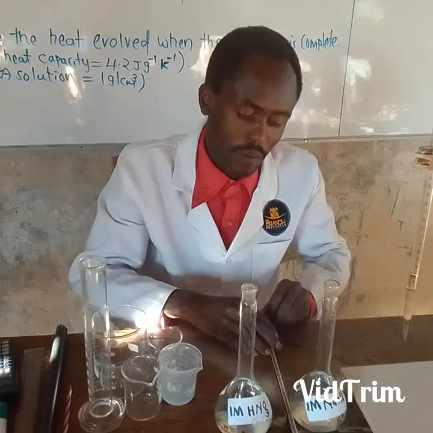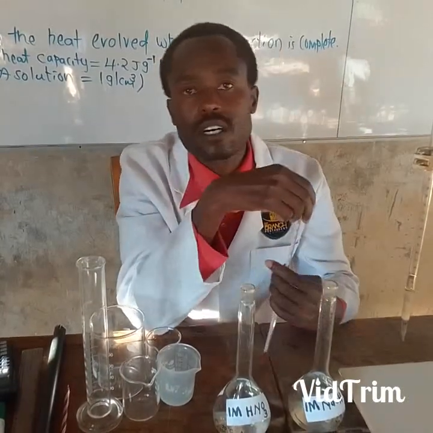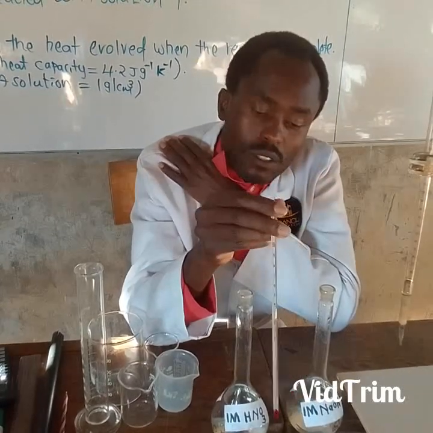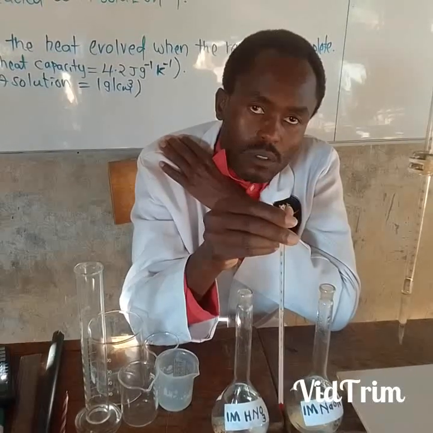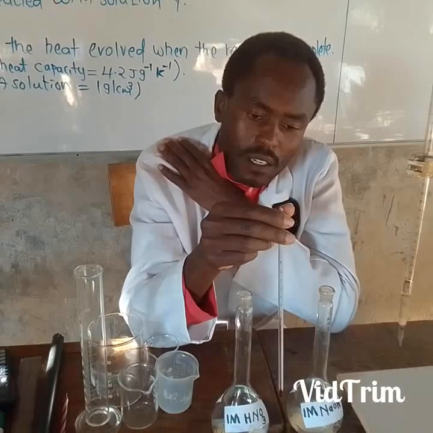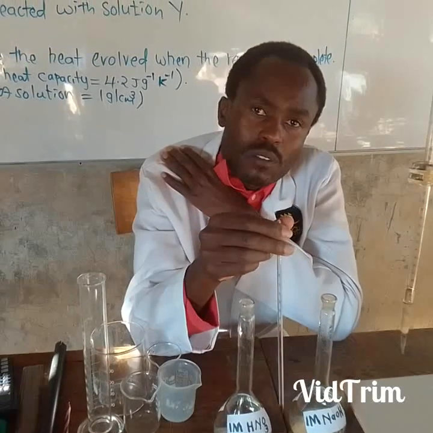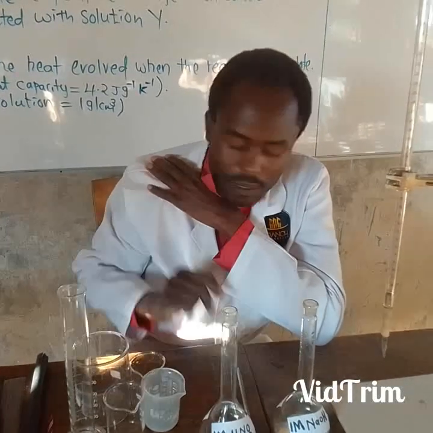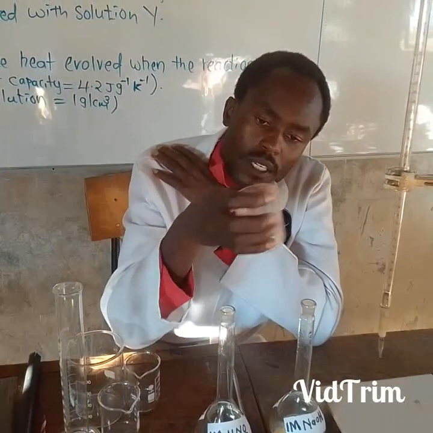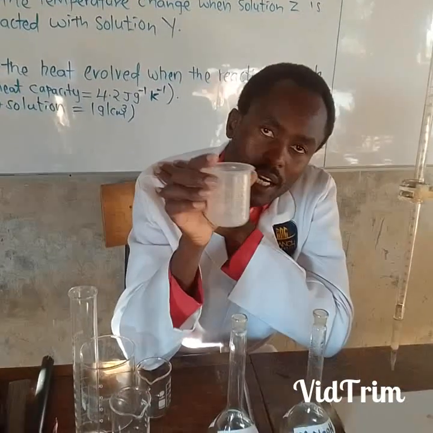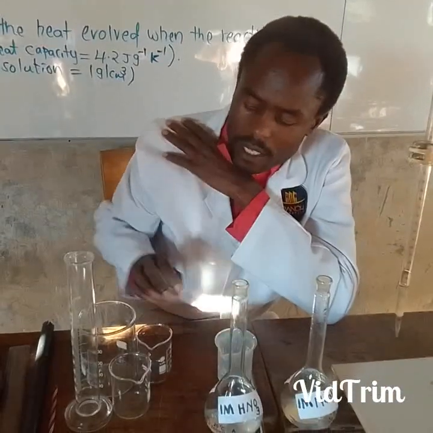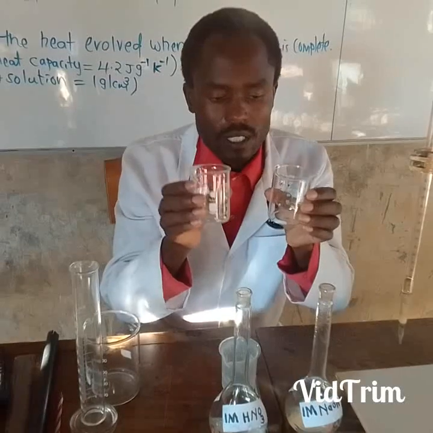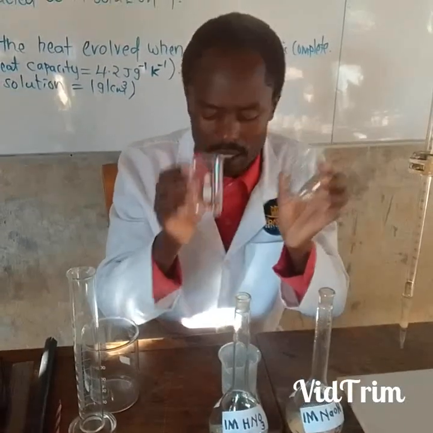Of course, apparatus are very important in this lesson. Whenever you talk of enthalpy changes, always you have to use a thermometer. This is a thermometer that measures a maximum of 100 degrees Celsius. Then I have a plastic beaker, 100 mils, and other glass beakers, each 100 mils.